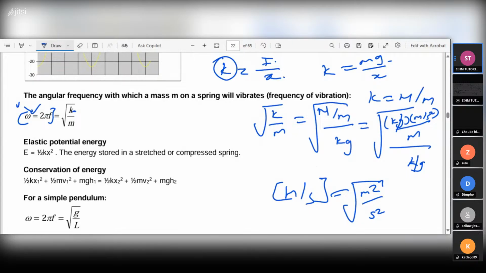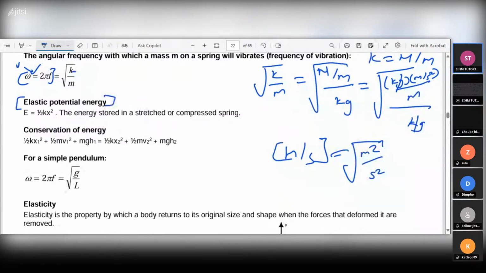So from that part, remember mostly here will be on angular. From that, we're going to deal with the energy. As you know, we're going to have kinetic energy and the potential energy of the spring.